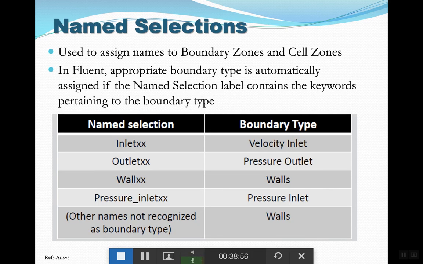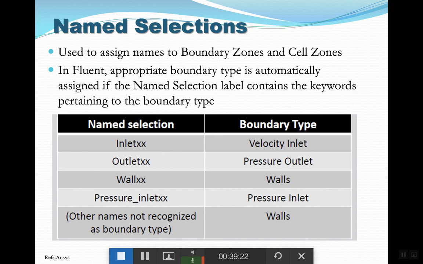For name selection, for example, for your velocity inlet or velocity outlet or walls, you will select that surface and name that surface. Once you do that, when you import your mesh and geometry into your simulation software, it will automatically assign boundary conditions to those surfaces. When you are naming it, there's a code for it.